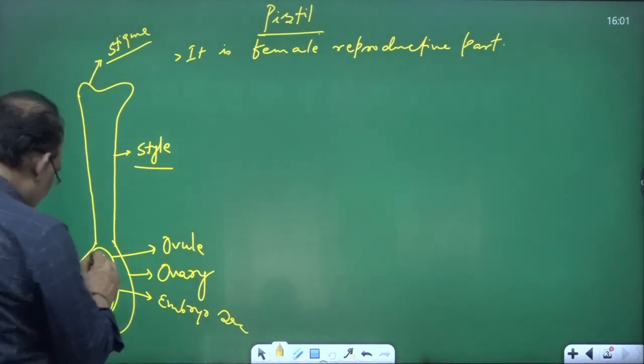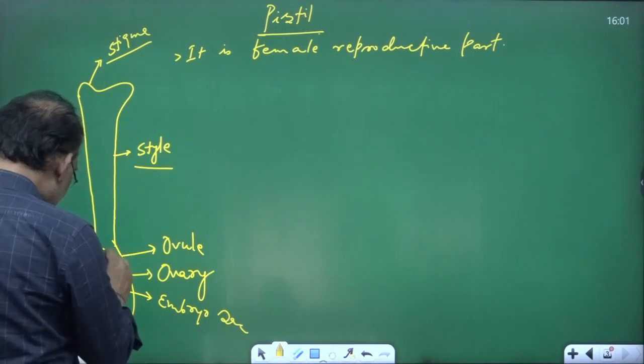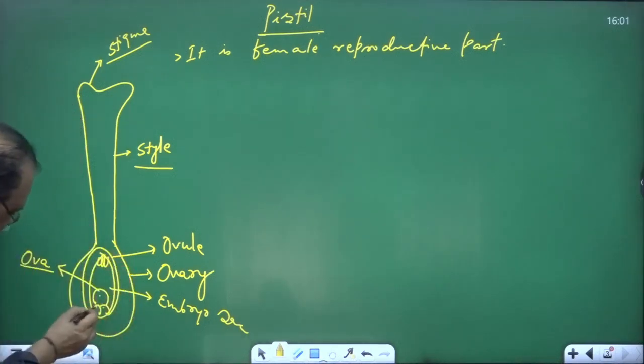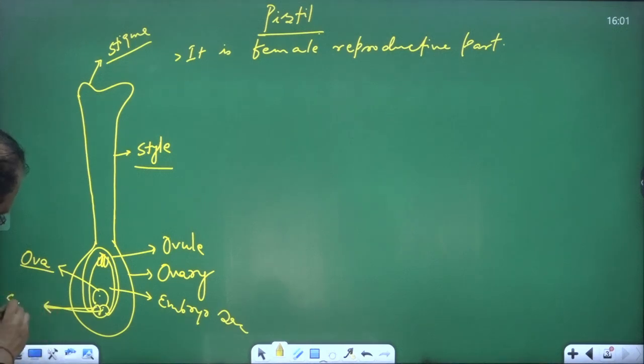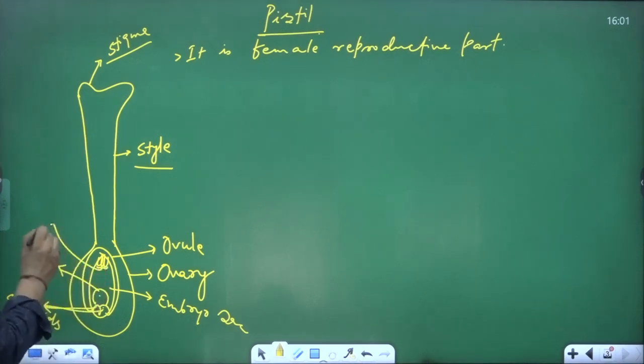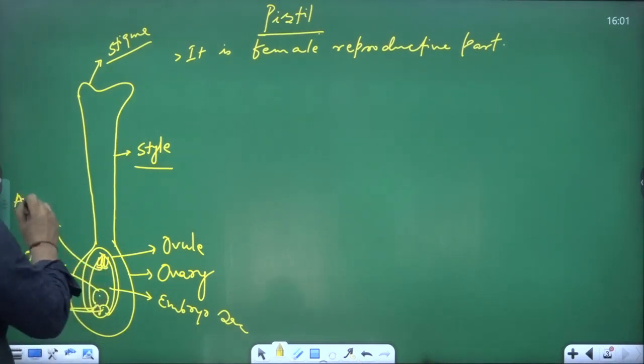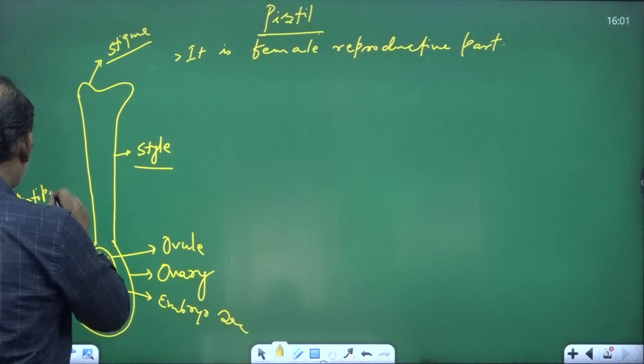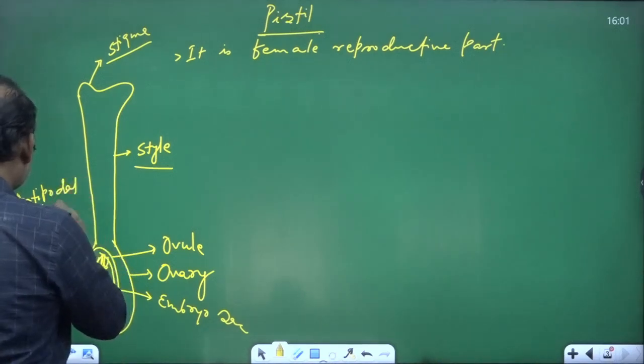And there are 3 antipodal cells, and these are 2 synergids. These are 2 synergids, and this is antipodal cells.